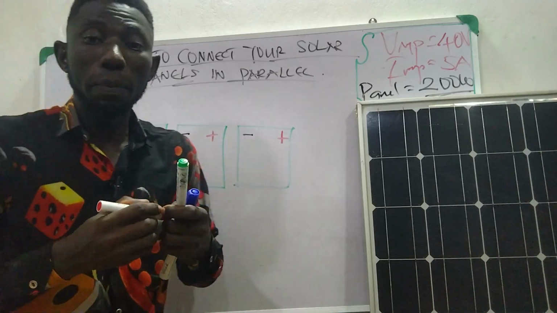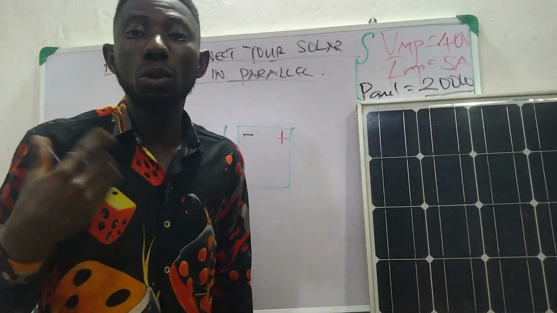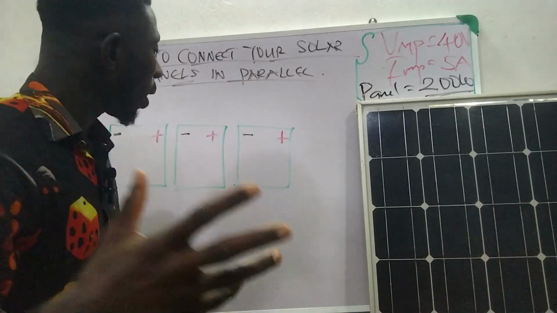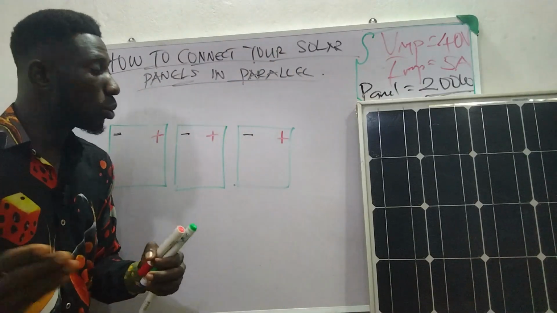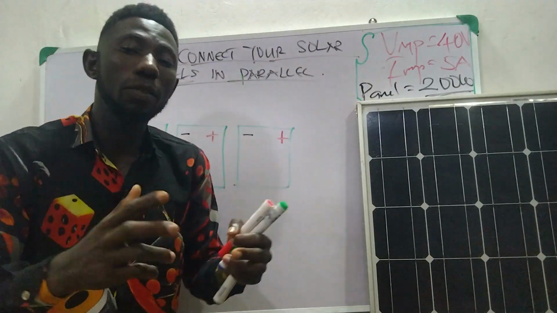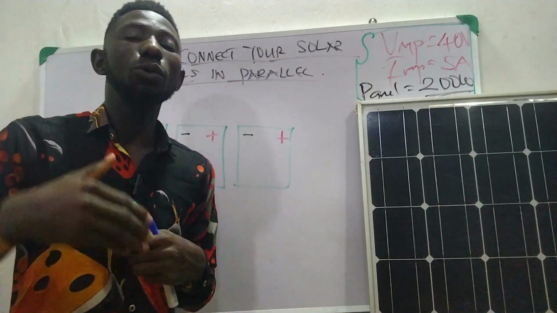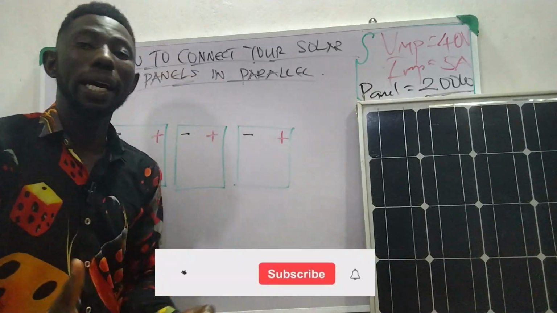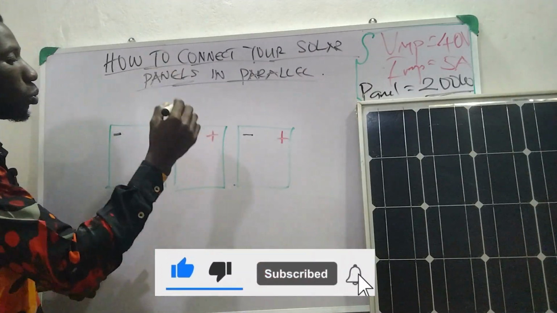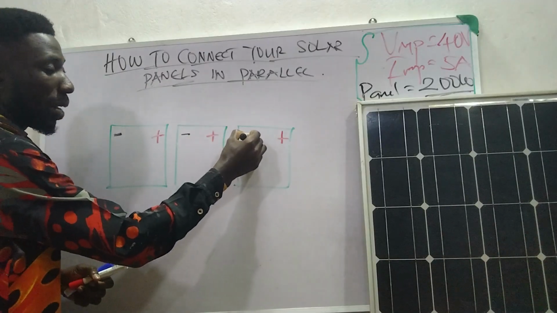In parallel connection, there is a way we do the connection that is entirely different from series. In parallel connection, all the positives go together and all the negatives go together. That is how you connect your panels in parallel to increase your current. So now, this is my negative line.